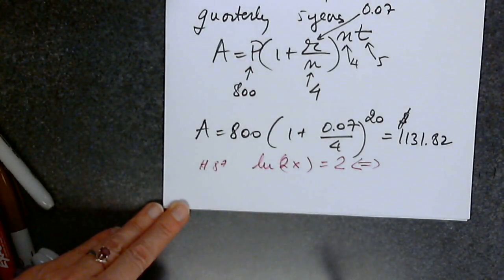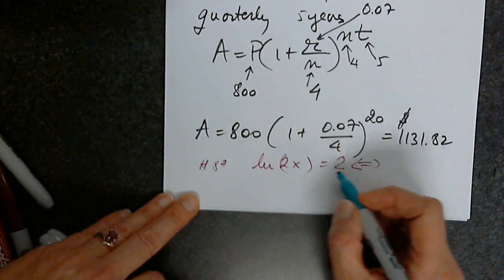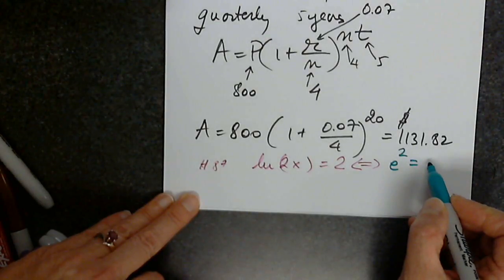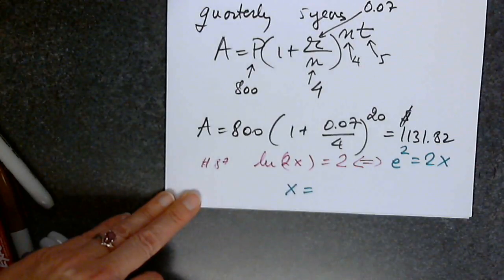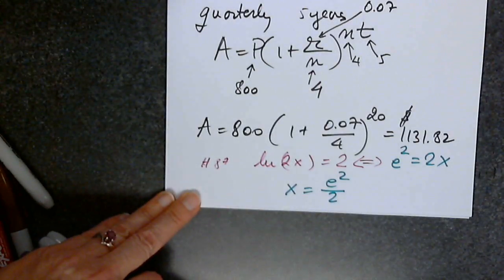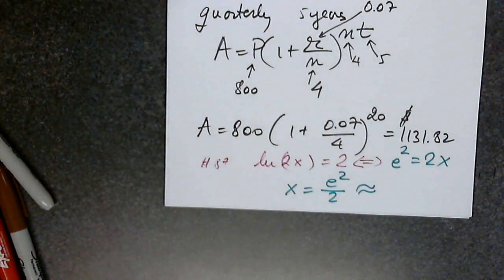I don't see the base. What is it? E. Very good. So then e raised to the second power equals 2x. All I have to do to both sides to get x by itself is divide by 2. This is the exact answer. You could approximate it if you wanted to. I prefer the exact answer.